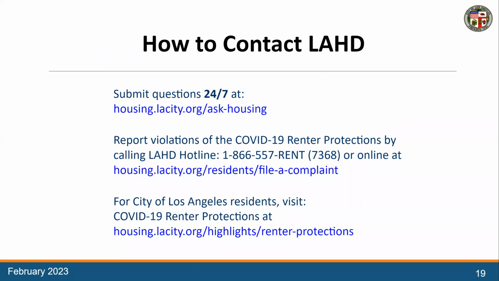If you have additional questions or specific questions about your unit, you may contact the housing department either by sending us an email message at housing.lacity.org/ask-housing, or by calling our hotline at area code 866-557-7368. Once again, that's area code 866-557-7368.